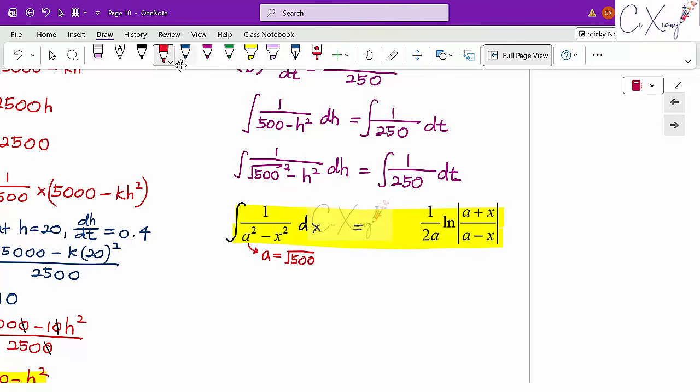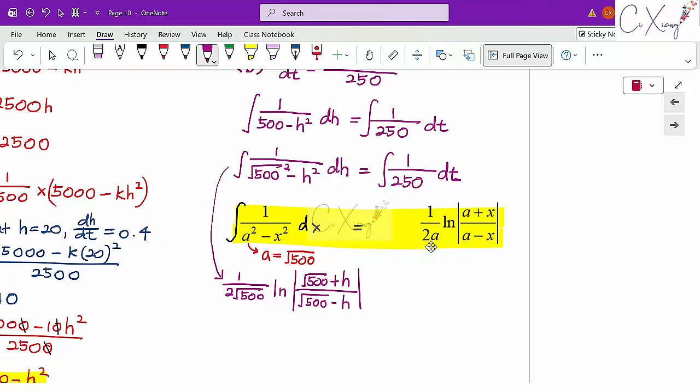Now, if I want to continue with my integration by using the formula directly, integrating 1 over a squared minus h squared, you should be having this one. So let us copy out the answer on the left. It will be 1 over 2a, so 2 multiplied with square root 500, then ln of a plus x, so square root 500, which is the a, plus x, but I have to write it as plus h here because our variable is in terms of h, then divided by a minus x, so square root 500 minus h.